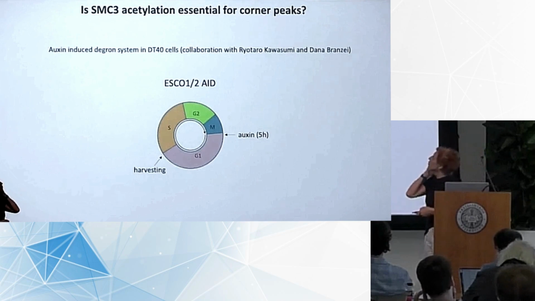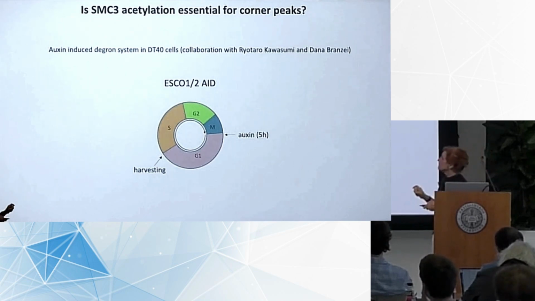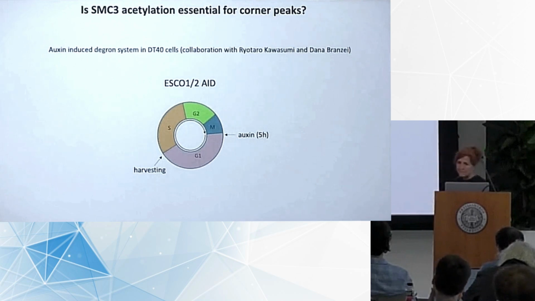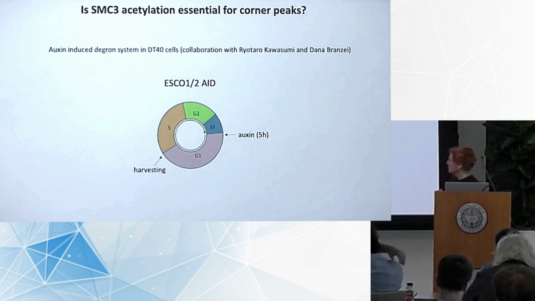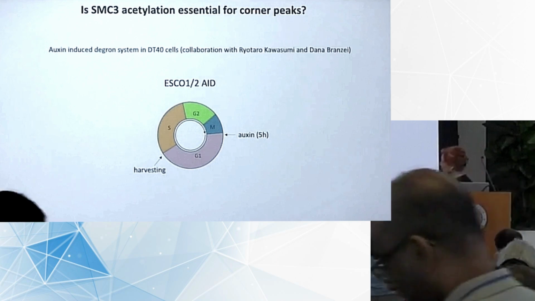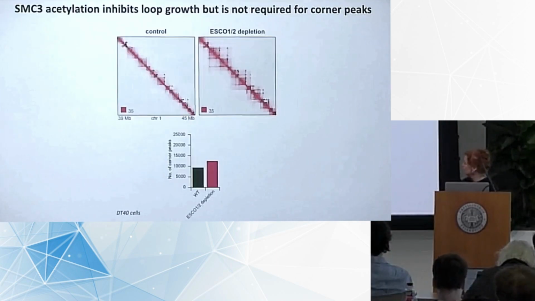And we did so in collaboration with Dana Branzai's lab, where the ESCO1/2 AID cell line was generated. We again synchronize cells with auxin and harvest them in between S and G1 phase, and then perform Hi-C.